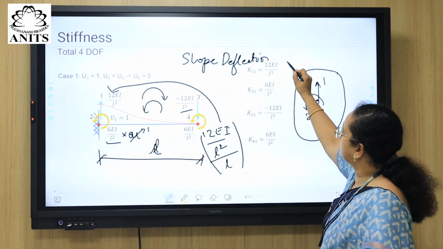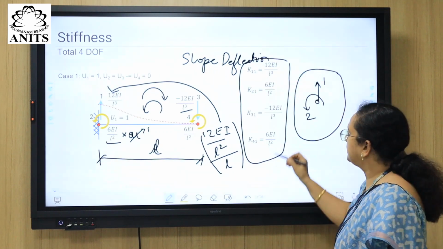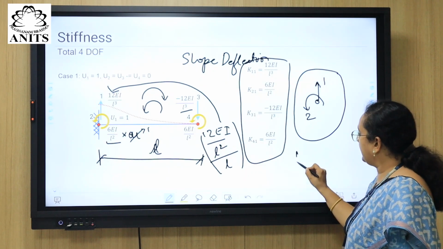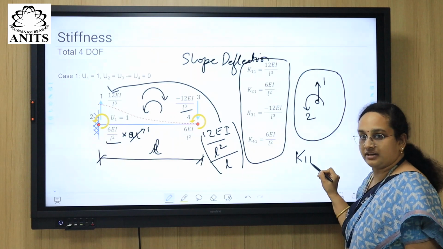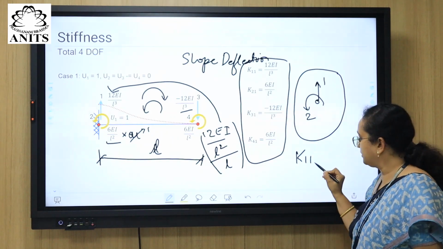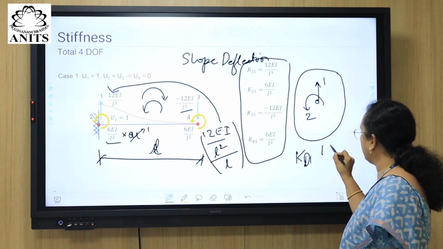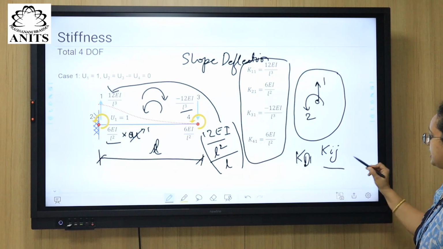Now what we have got is this one. K11, if we are understanding what the subscript is, K11 indicates force required or force developed in degrees of freedom 1, this one. So we can say Kij. How do you define Kij?